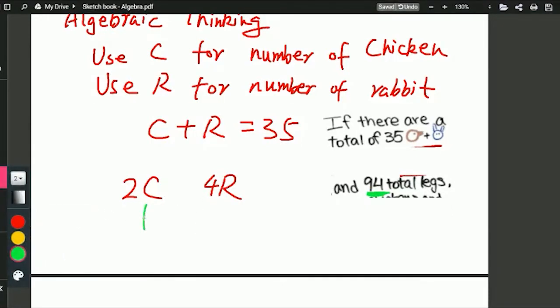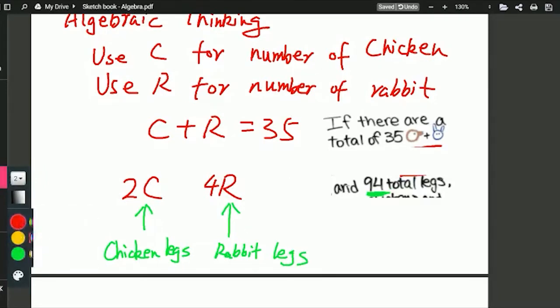This is chicken legs. This is rabbit legs. And the total is 94. Okay, so I'm thinking with symbols. I'm thinking with C and R.